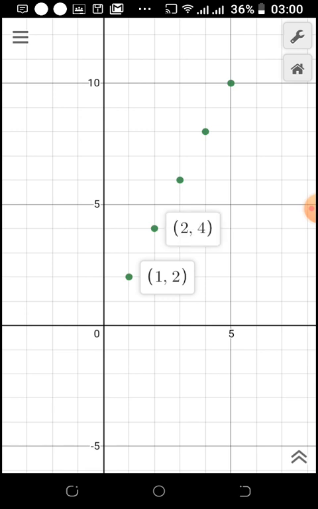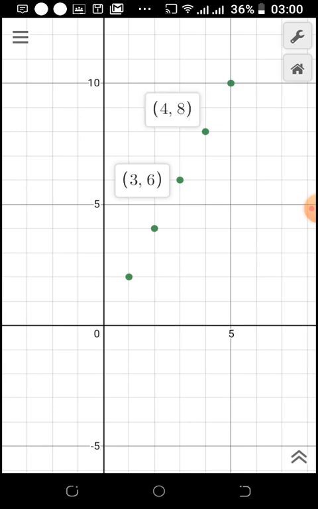If we move to the second point, our coordinate there is 2, 4. 2 is from x, while 4 is from the y axis. The third one says when x is equal to 3, y is equal to 6. When x is equal to 4, y is equal to 8. When x is equal to 5, y is equal to 10.